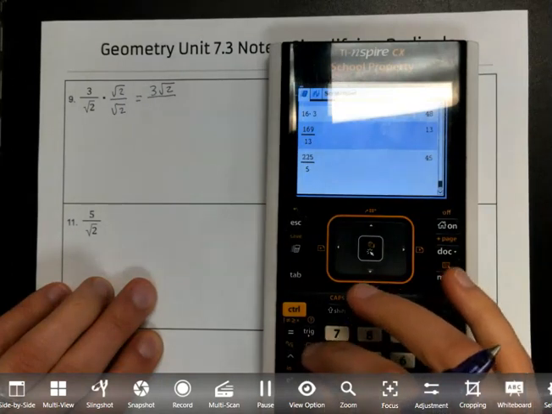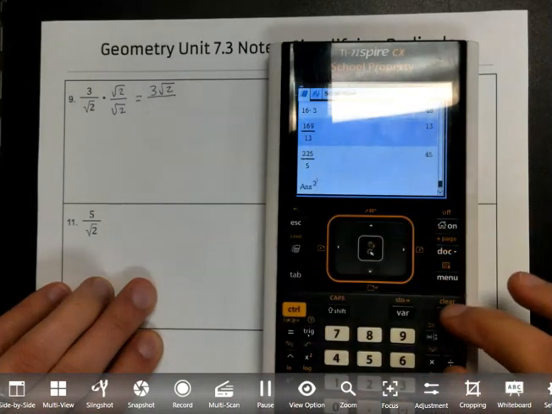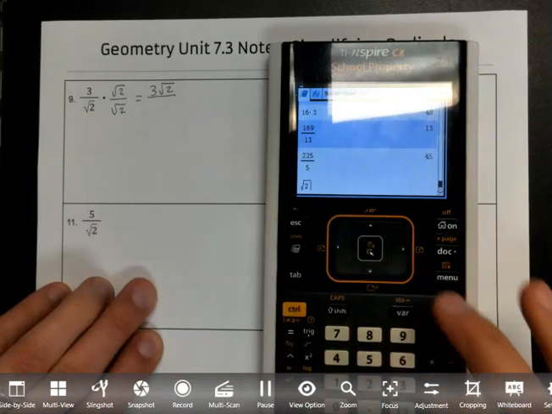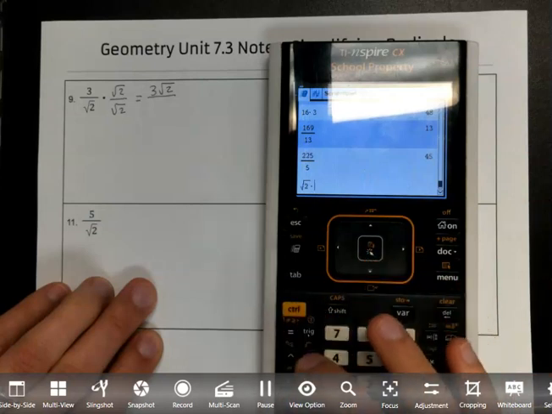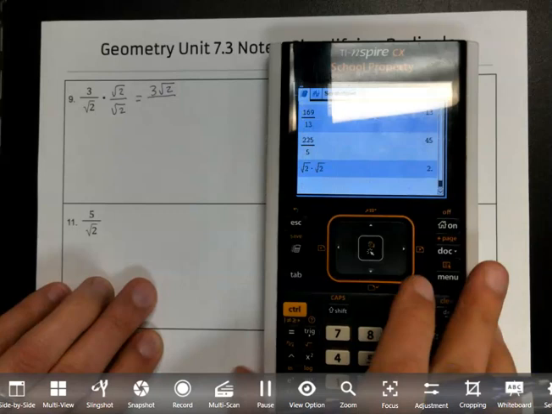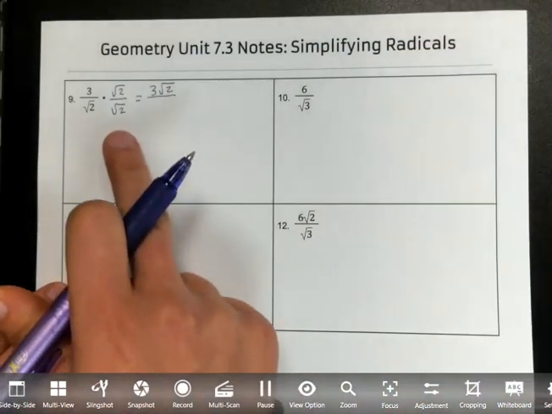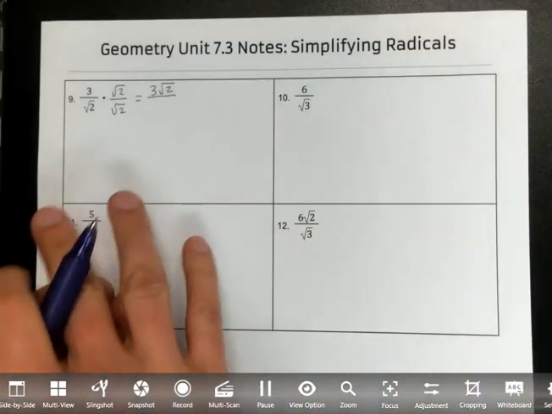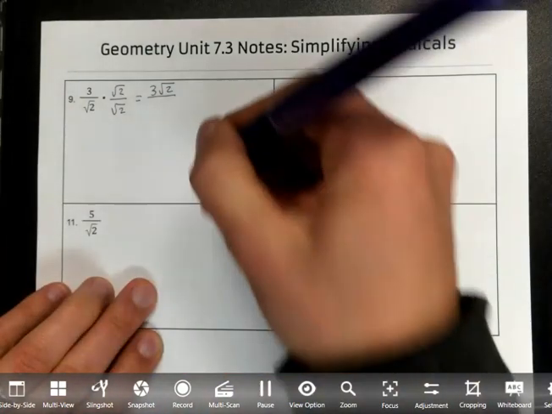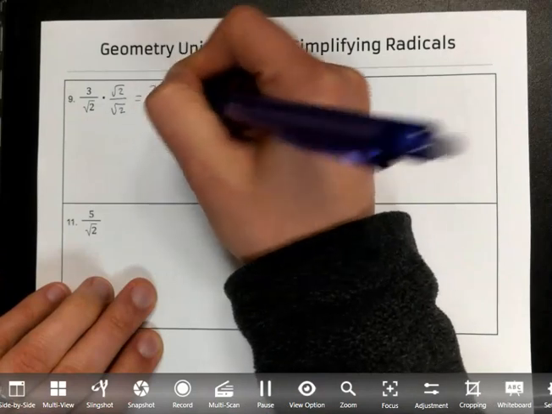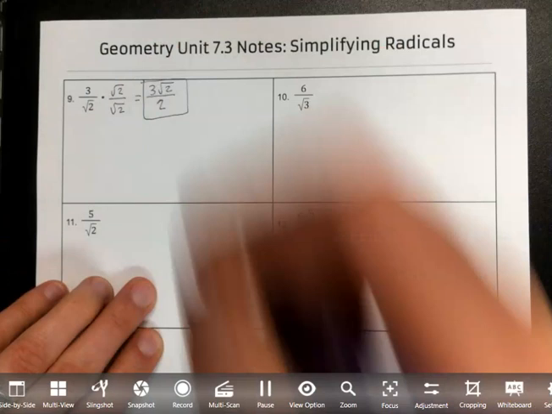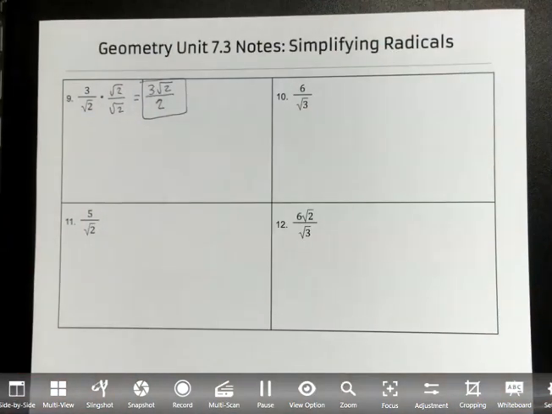If I do square root of 2 times square root of 2, that is equal to just 2, right? So a square root times itself is always equal to this thing outside the box. It's always just a regular 2, right? So that's what you end up with. That is the simplified version of 3 divided by square root of 2.